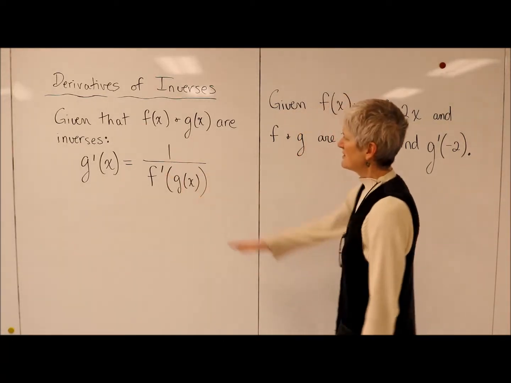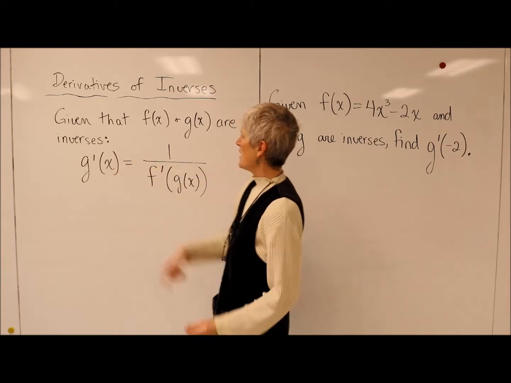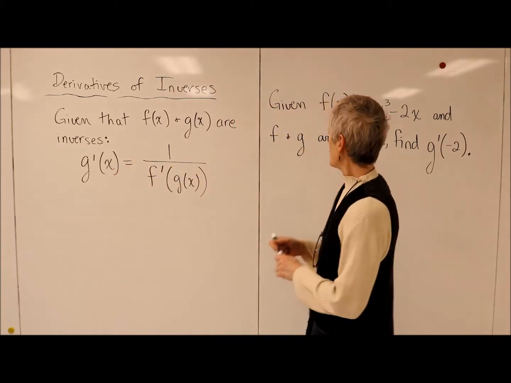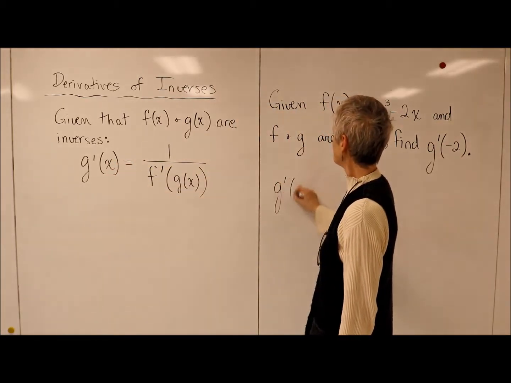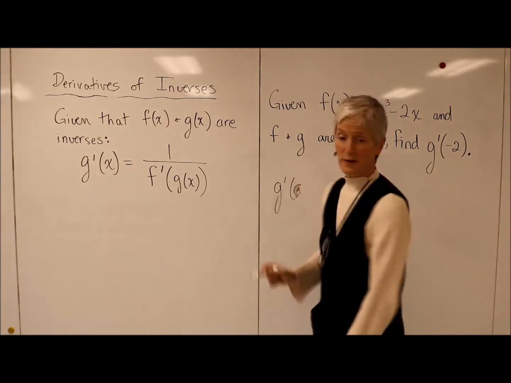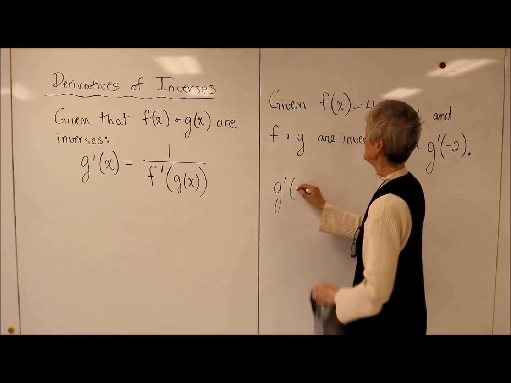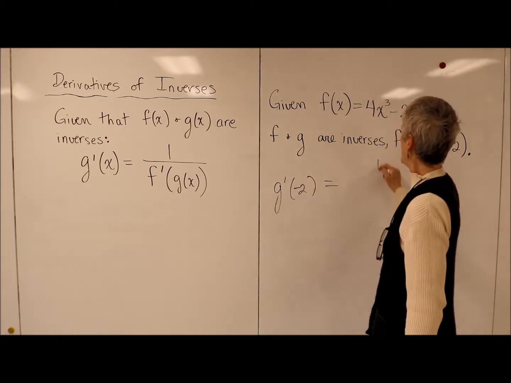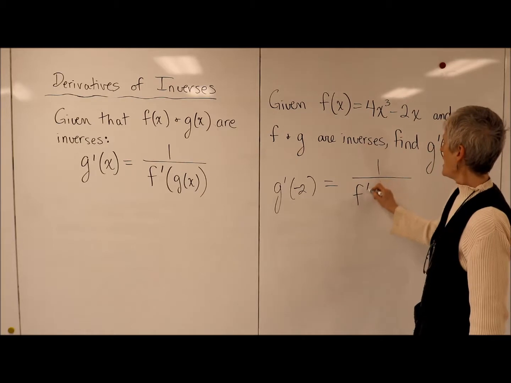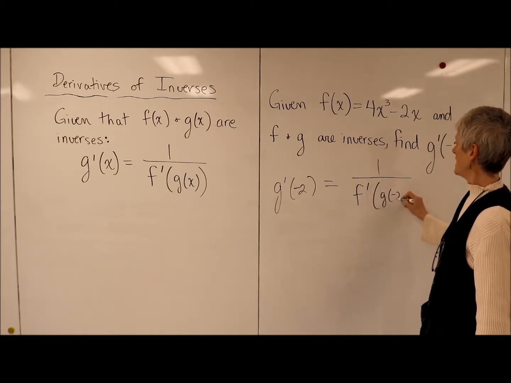All right, so this says to find g prime of negative 2, it's going to equal, I guess I'll put in my negative 2 right away, 1 over f prime of g of negative 2.